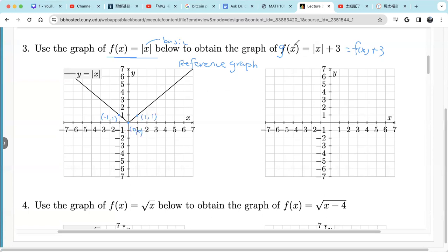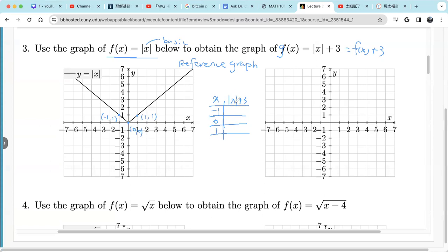Now for g, let's make a table here. This is the x value. This is absolute value of x plus 3. Let's choose x as -1, 0, and 1.